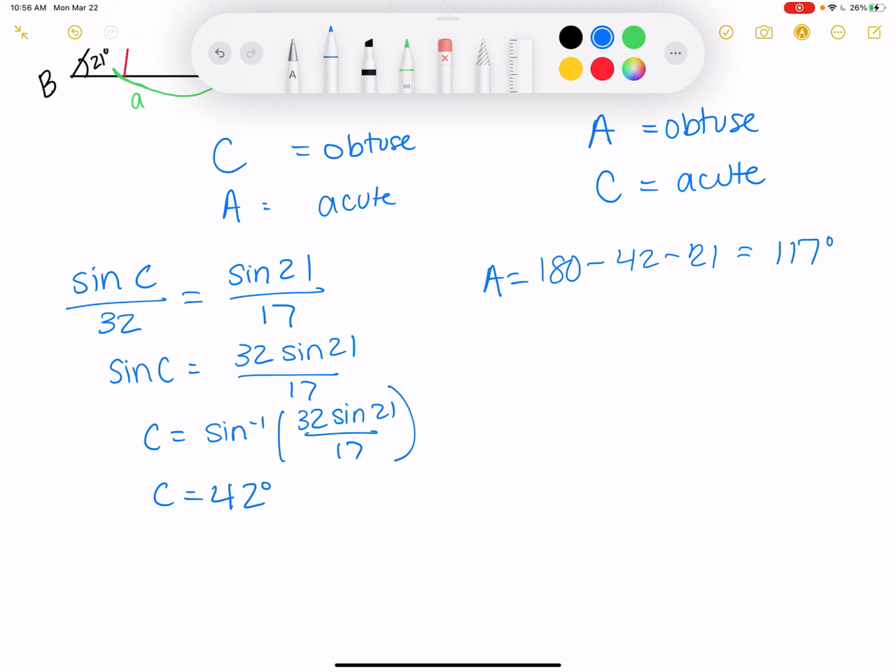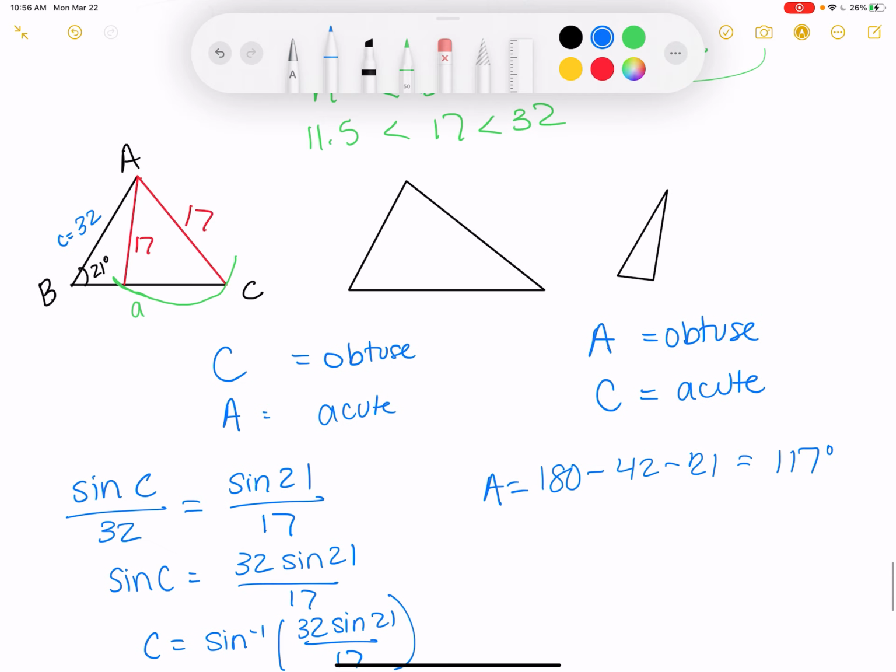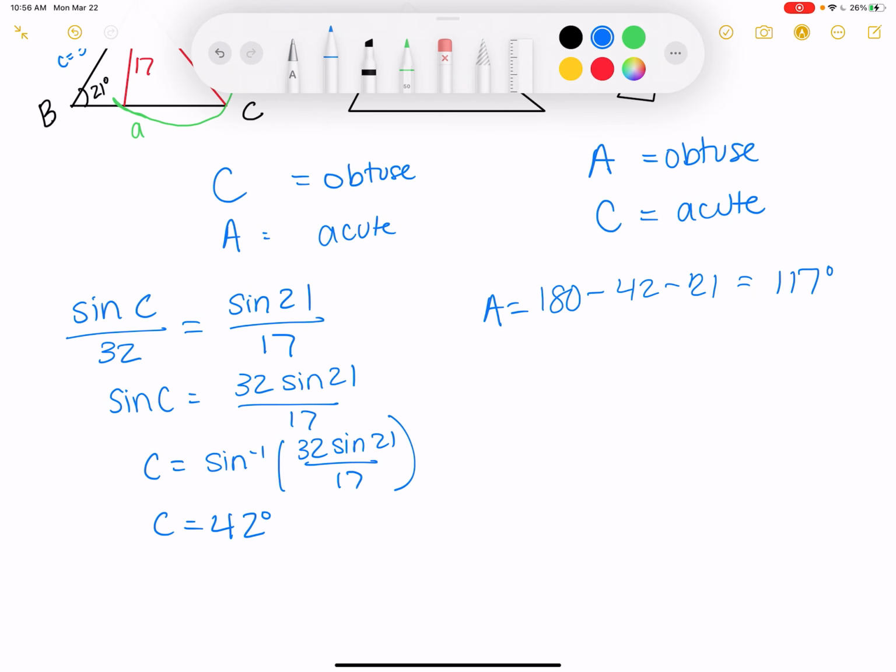Okay. In a second, I'm going to go back and write everything that I know. I'm just trying to get through this one first. Now, the only thing that I still need is my side A. I already have side B, I have side C, and I now have all my angles. So I just need side A for this given triangle.